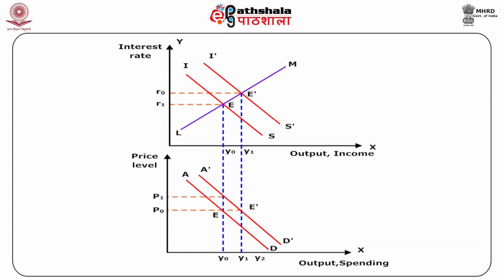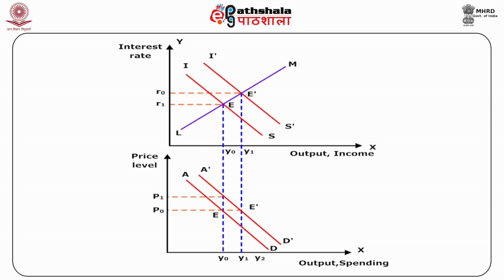If we look at the fifth quadrant as we have derived it in the beginning, and we extend the Y0 and Y1 levels of output by the dotted line into the fifth quadrant, we would notice that there is one aggregate demand function AD, the original one, and at point E the given price level is P0, and the level of output is Y0.